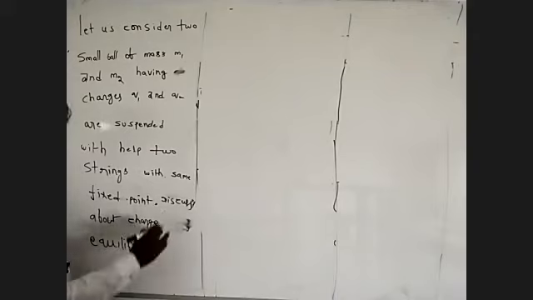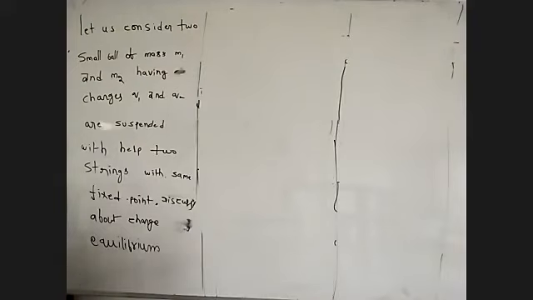Let us consider two small balls of masses m1 and m2 having charges q1 and q2 suspended with the help of two strings from the same fixed point. Discuss the charge equilibrium.